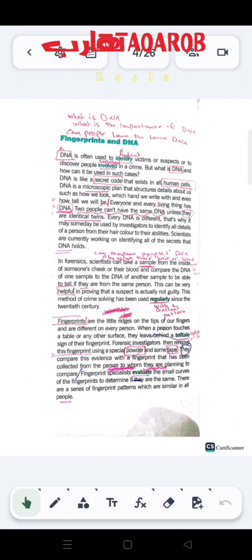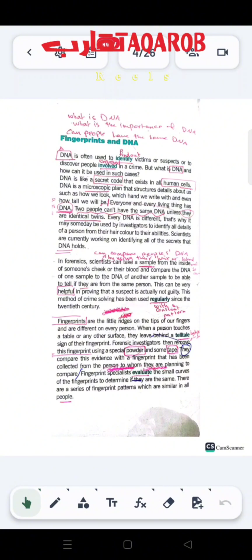But what is DNA and how can it be used in such cases? DNA is like a secret code that exists in all human cells. DNA is a microscopic plan that structures details about us, such as how we look, which hand we write with, and even how tall we will be.